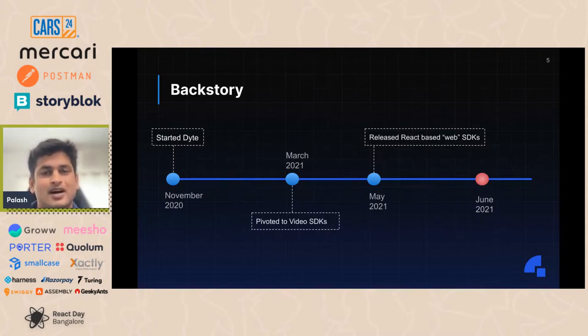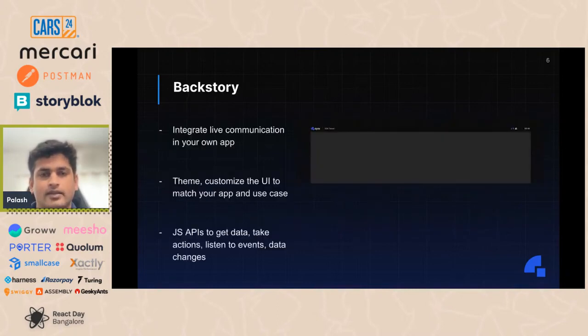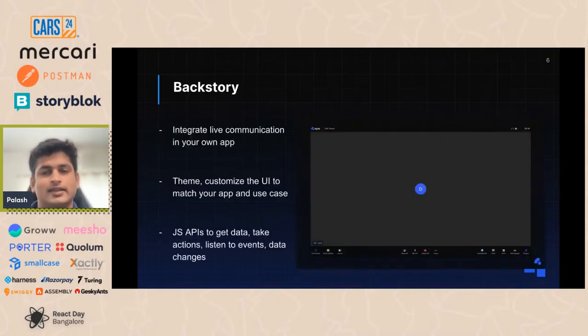So March is when we pivoted, and in May we released our first web SDKs, and this is how our web SDKs looked. It's basically one React component. You import that component and you get this entire Zoom-like meeting UI. And of course, it's in your own app. It's a React component.